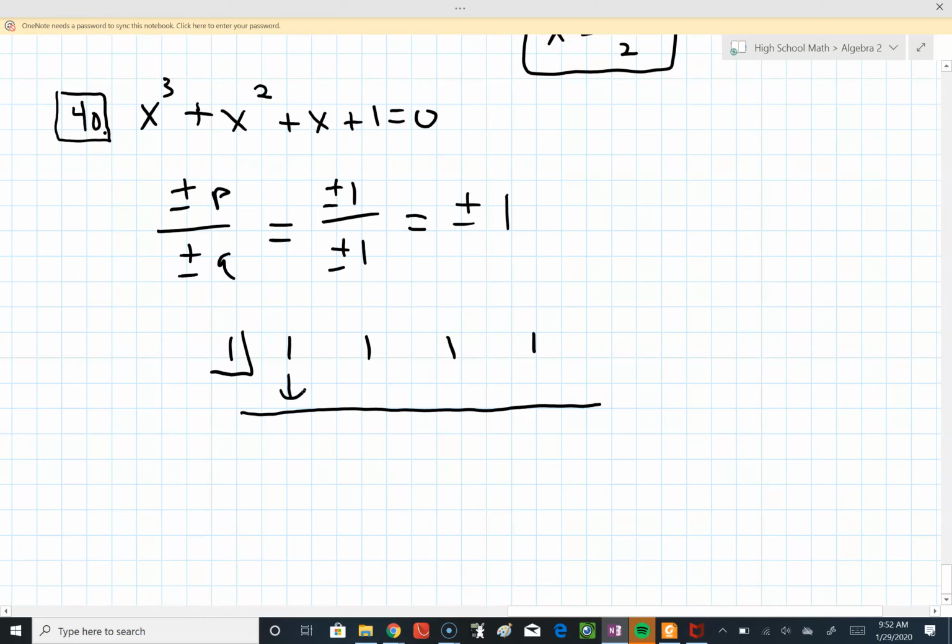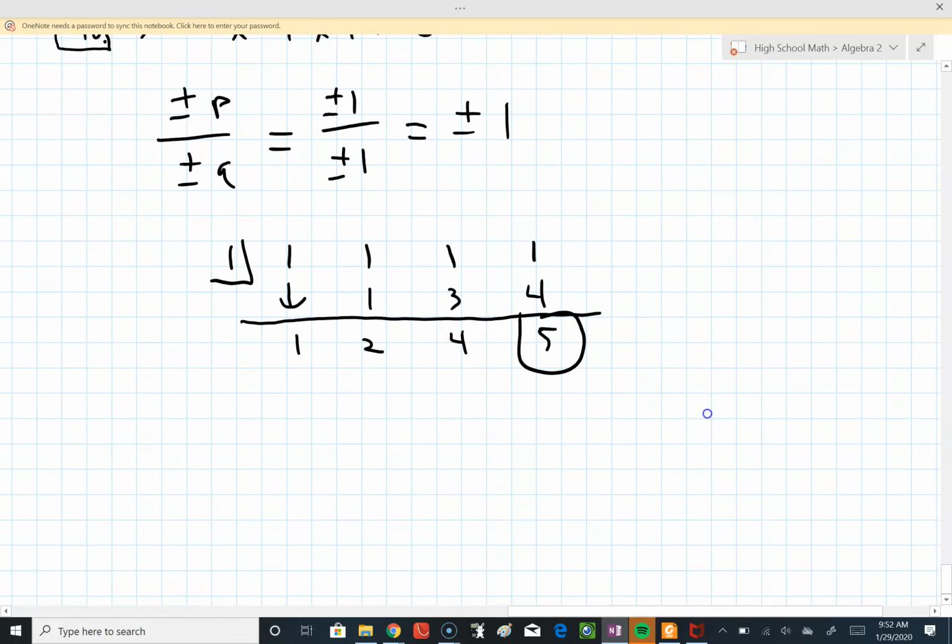I feel like this is going to increase steadily, you know. 1 times 1 is 1. 1 and 1 is 2, right? This is not going to yield 0. So if it exists, it must be negative 1. It's not positive 1, is it? Okay, so let's try negative 1.